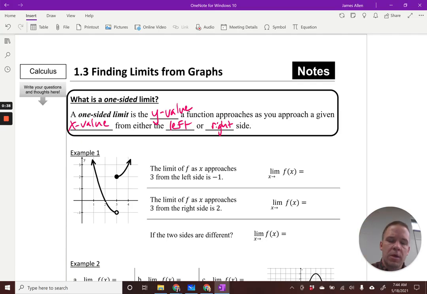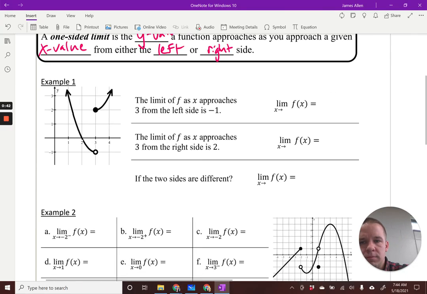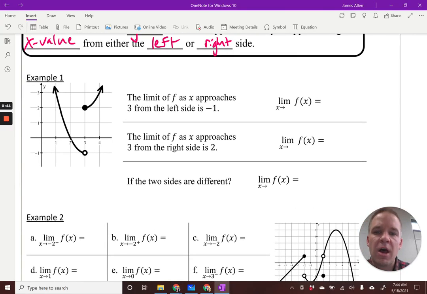Okay, so let's take a look at this first example. It says the limit of f as x approaches 3 from the left-hand side is -1. That means as you're coming down this graph from the left, my y value is -1.